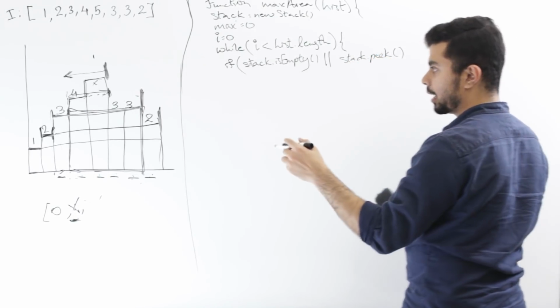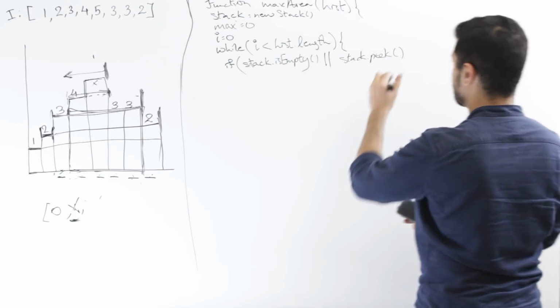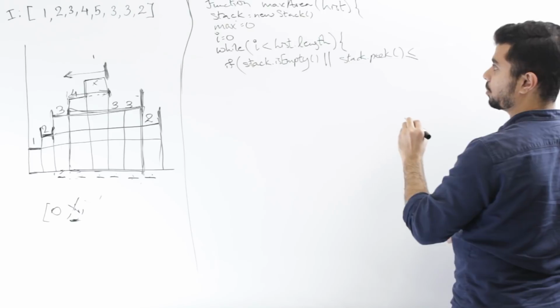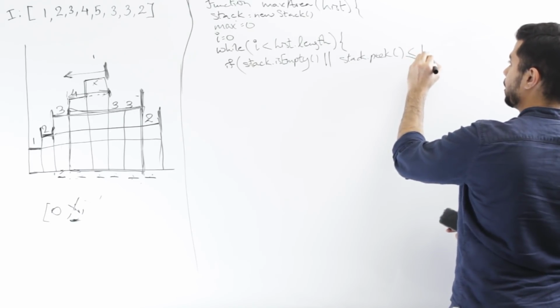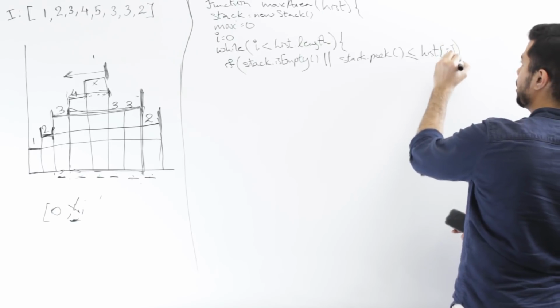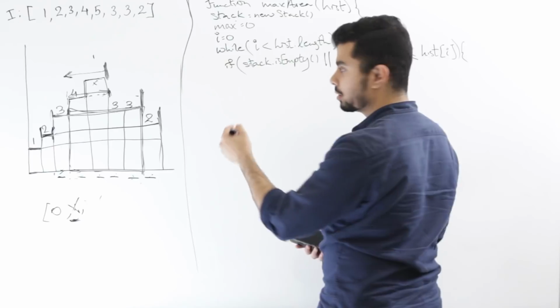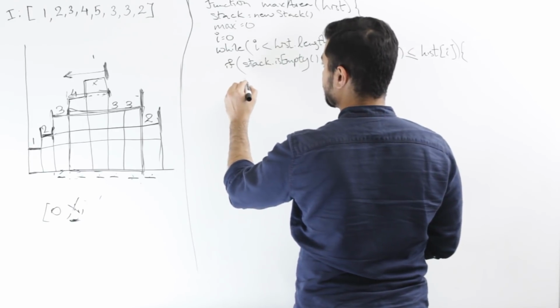So the current index that we have at the top of the stack, it should be less than or equal to the value at hist I, right? So if this is the case, then we add the element or the index into our stack.